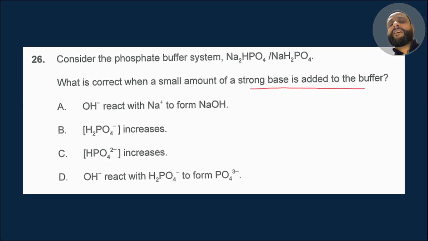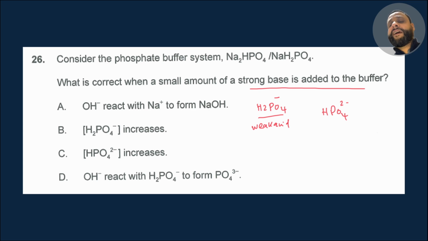So let's identify which portion act as a weak acid. So H2PO4 minus will act as a weak acid. And then HPO4 2 minus is its conjugate base.